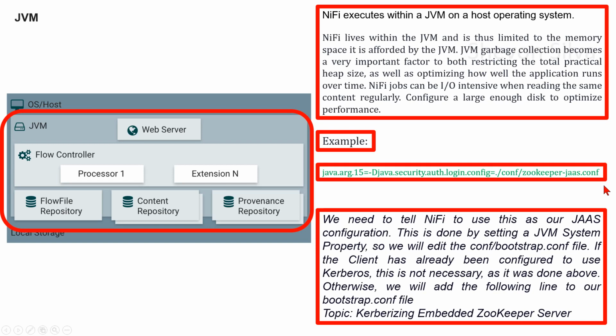We need to tell NiFi to use this as our JAAS configuration. This is done by setting JVM system properties. So we will edit the conf/bootstrap.conf file.